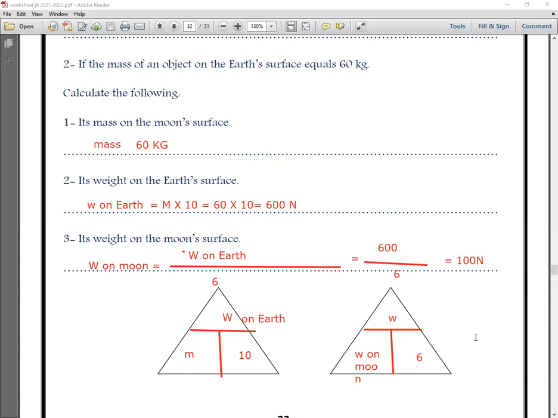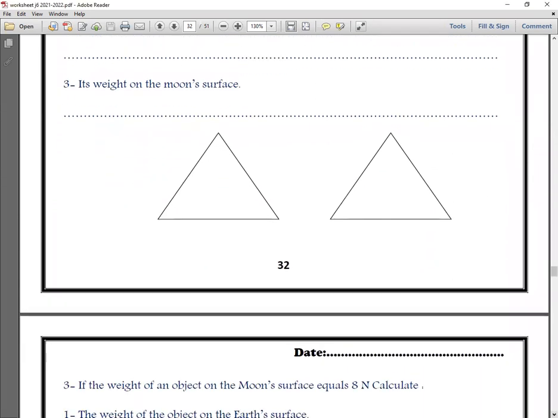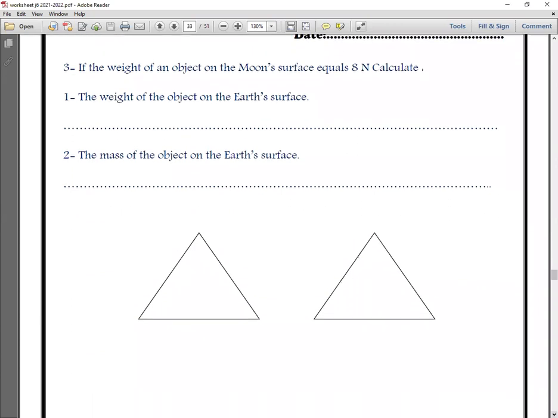Okay, let's solve the last problem. Here also you must write the triangles to solve any problems. If the weight of an object on the moon's surface equals 8 Newton, calculate its weight on the Earth's surface.